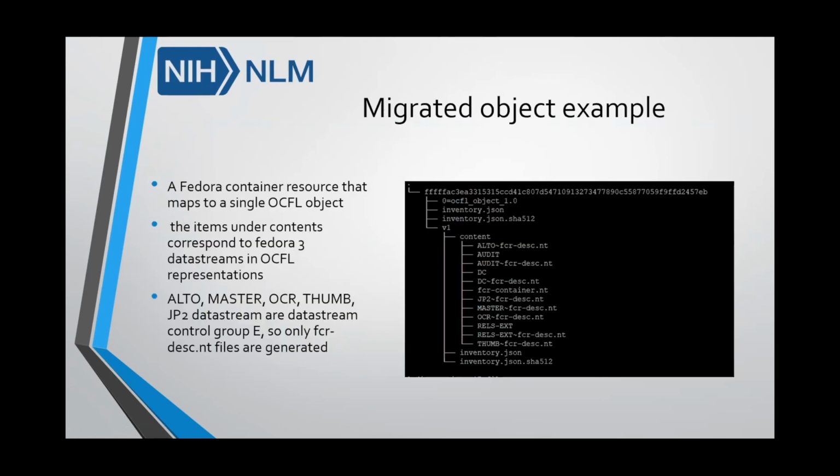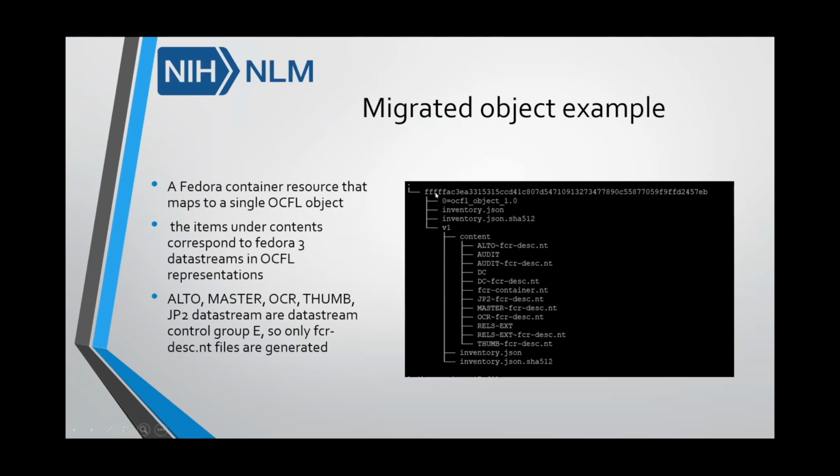So here we see the migrated example after it's been pushed through the utility. As you can see by the structure of the migrated content, it conforms to the OCFL specification.